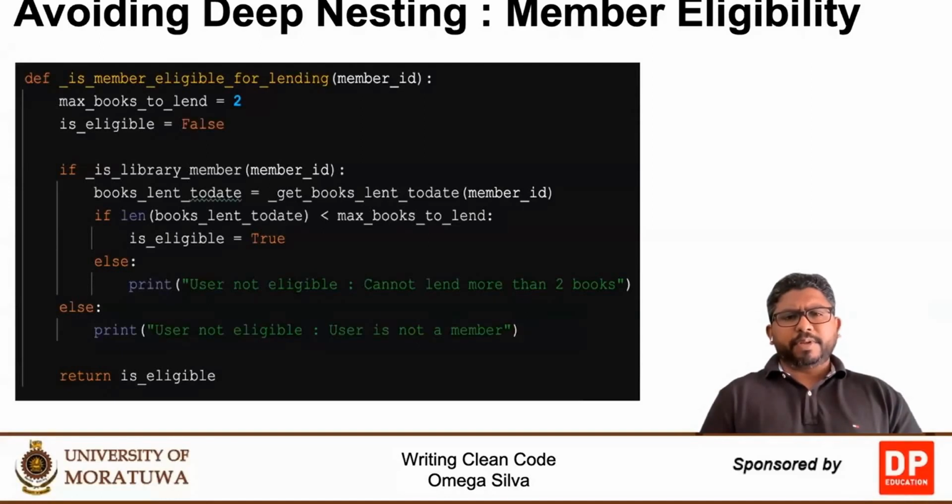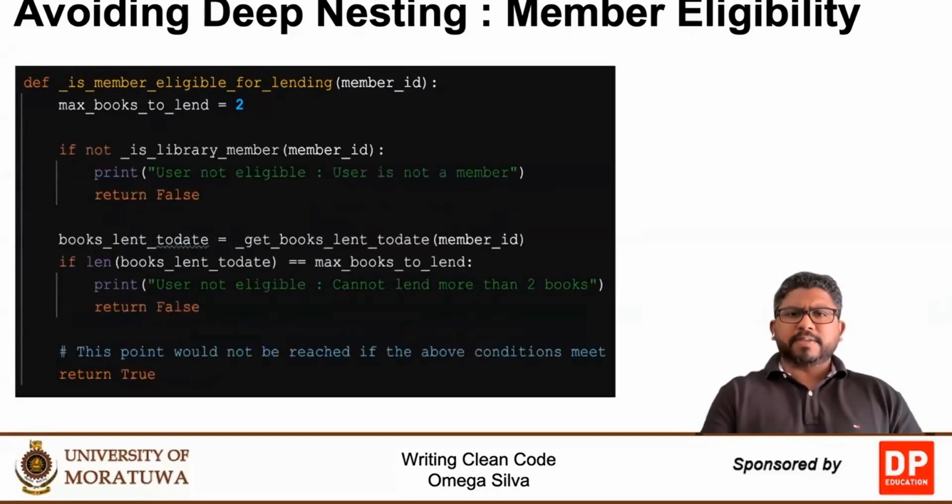What you see on the screen is the current version of the is member eligible for lending function with the nested if-else structure. But looking at the flow diagram that we analyzed earlier, this is the new implementation of the eligibility function. The shape of this function directly represents the flow diagram.